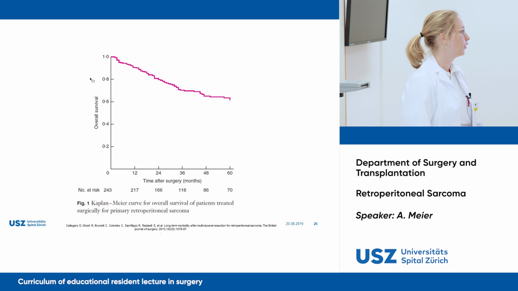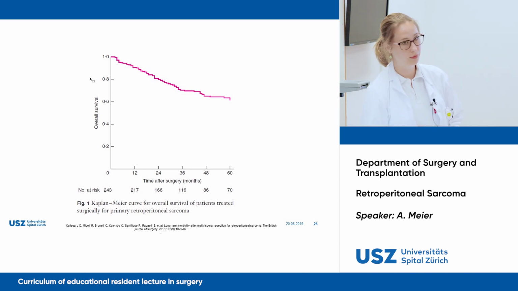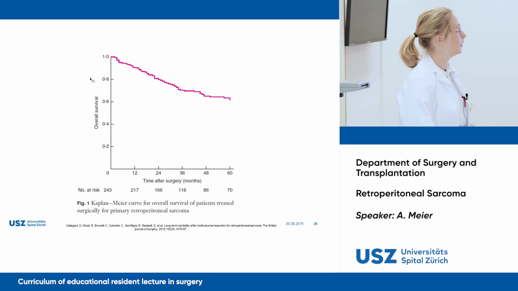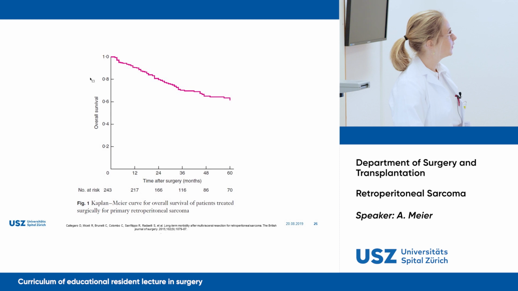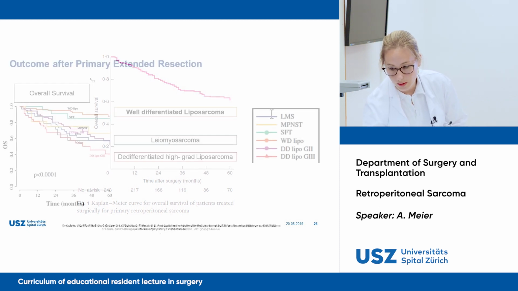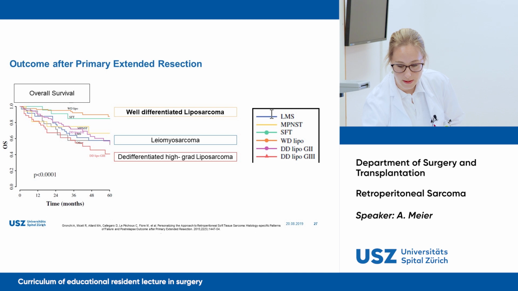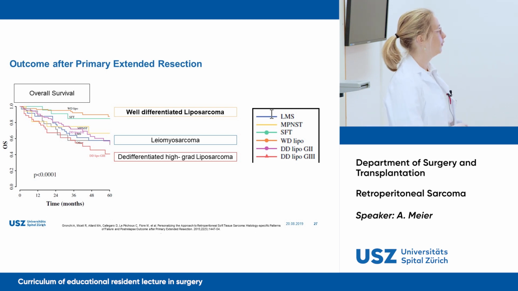This is a Kaplan-Meier curve for patients who underwent primary surgical resection, and you see that after 48 months, there's about 60% overall survival. Looking this up after primary extended resection in more detail, we see the overall survival of the different histological types.